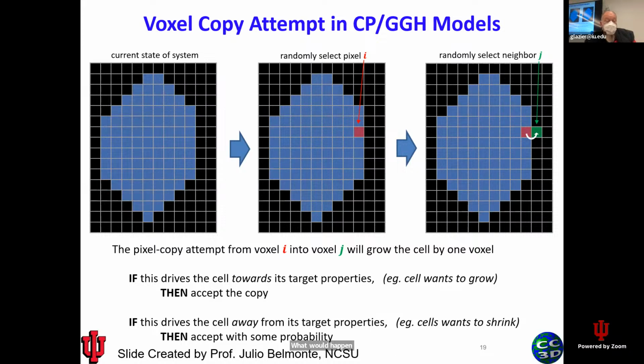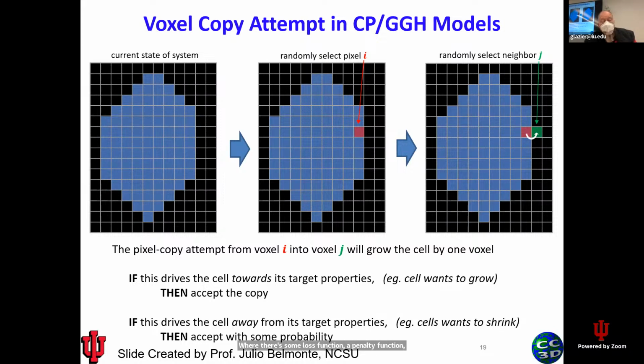In this case, the cell gets bigger by 1 voxel, the neighbor gets smaller by 1 voxel, the boundary gets longer, the center of mass moves a little bit. And so we're going to say that there's going to be some penalty function. If you're used to loss functions in neural networks, you're used to this kind of idea, where there's some loss function or penalty function, we're going to have a little bit different name for it.